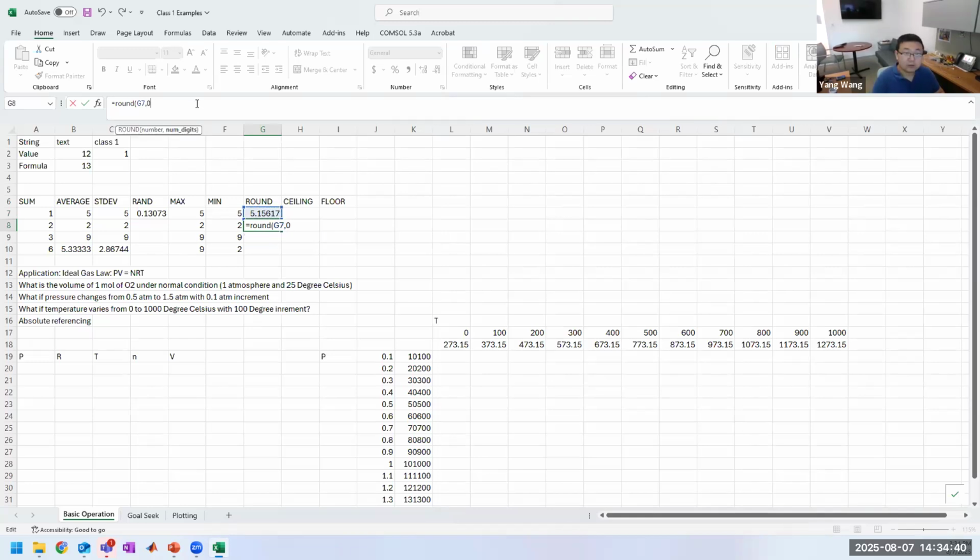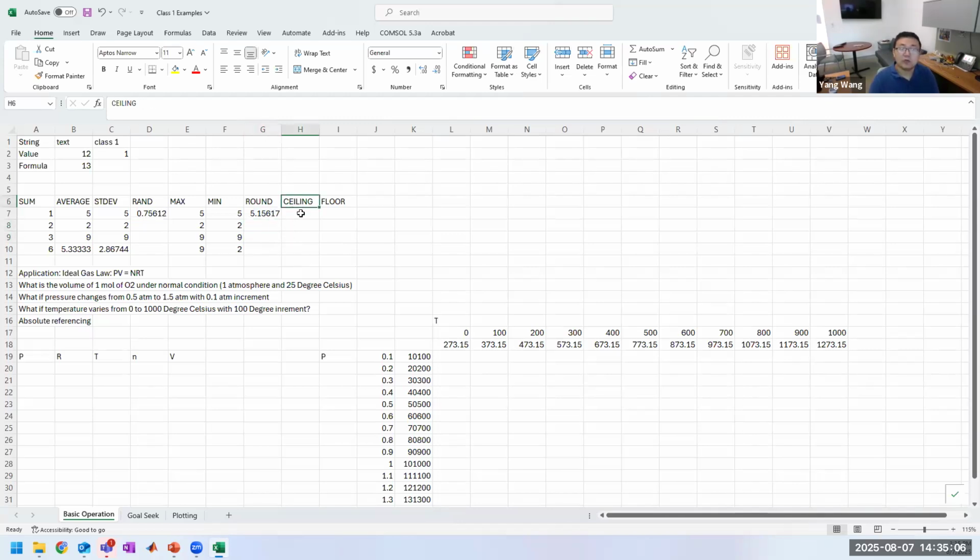If you want an integer, then you will just do 0, because this is the number of digits you want. So you can use 1, and then it's going to give you 5.2, right? Because you see the 5 is rounded up to 2. And then you can also do 2 digits, right? Then it's going to give you more digits. This is rounding.